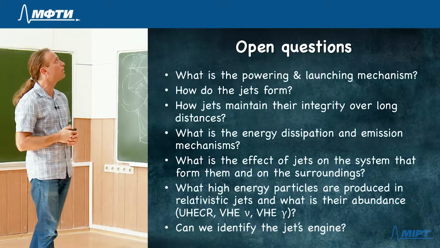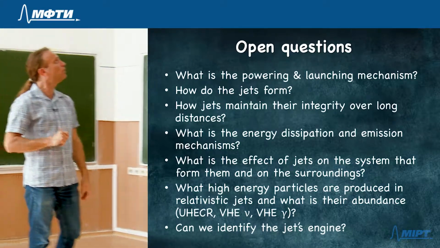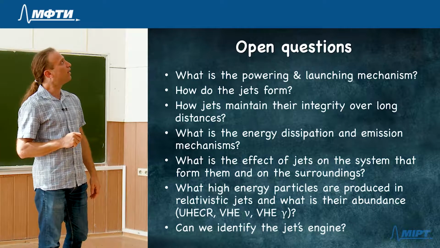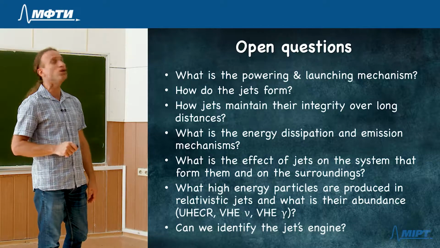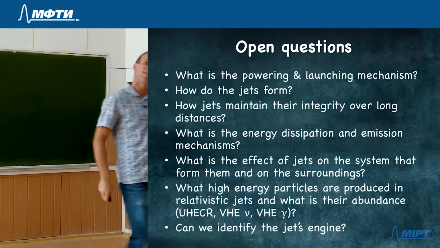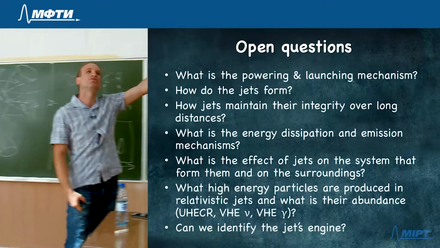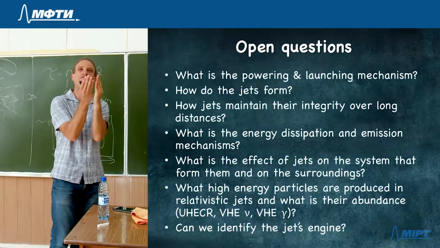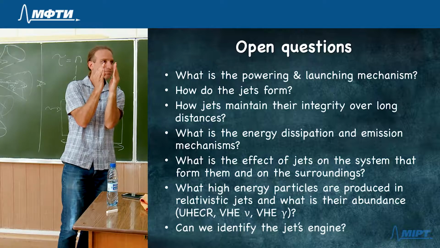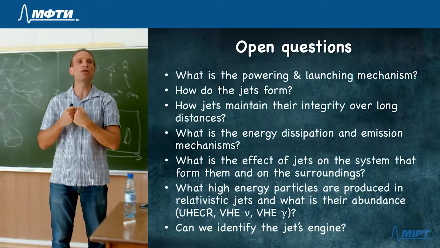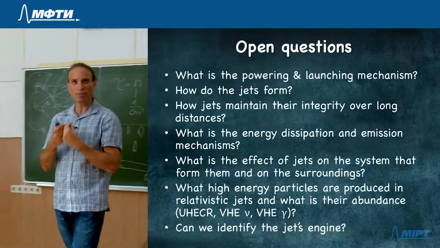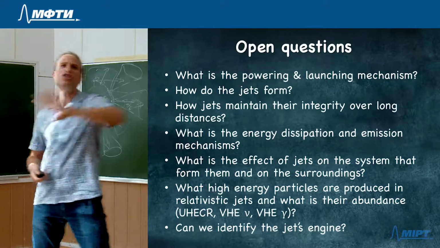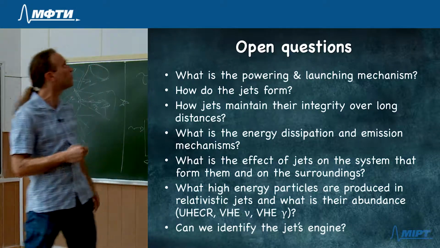This is another open question that we don't really know. I showed you that in radio galaxies, jets maintain their integrity over hundreds of kiloparsec, and they are very, very narrow. How is this happening? How do jets maintain their integrity over such long distances? We're going to talk about this tomorrow.